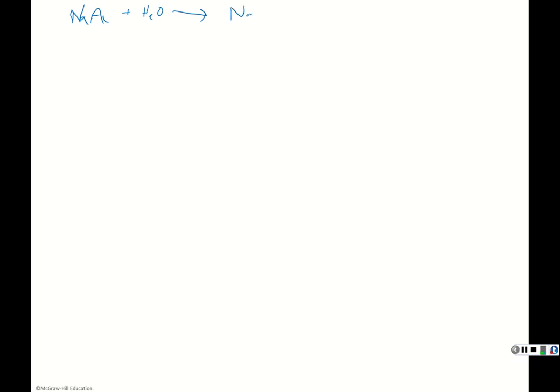We're going to get sodium ions and the acetate anion. And remember, I'm just abbreviating acetate, AC, as CH3COO minus. It's just easier to write AC minus, but just remember that's what we're talking about.